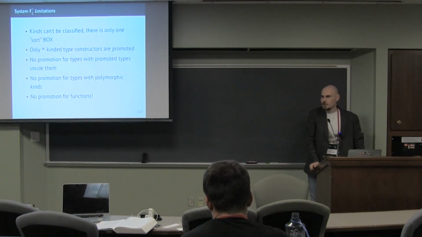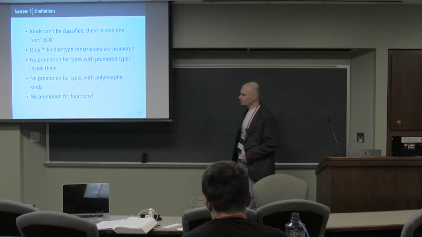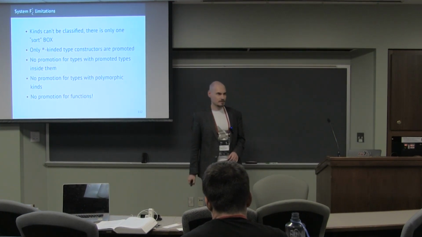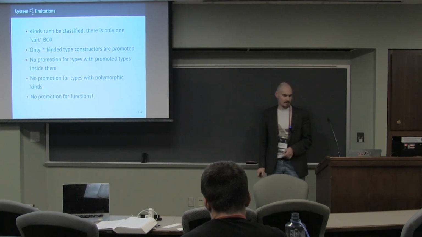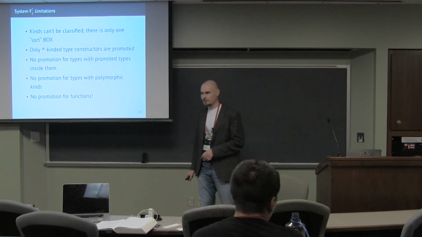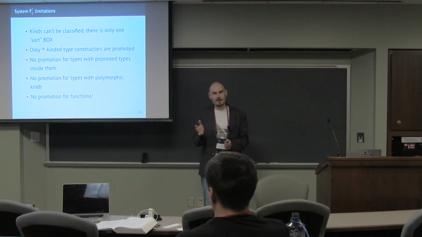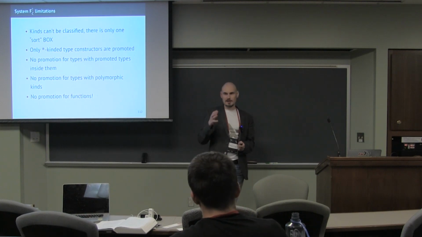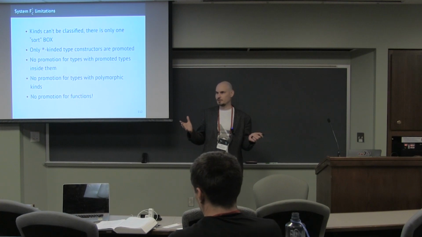So still you have some extension, but there were many limitations, and there were no promotions for complex types. There was no promotion for functions. It was very difficult to promote something with polymorphic kinds. So many limitations. This paper was good for examples like vectors and other simple stuff.